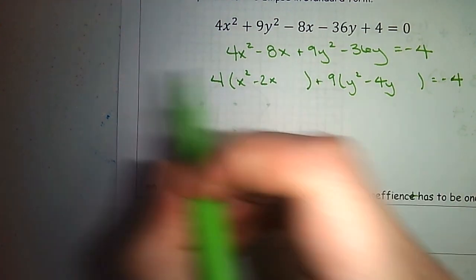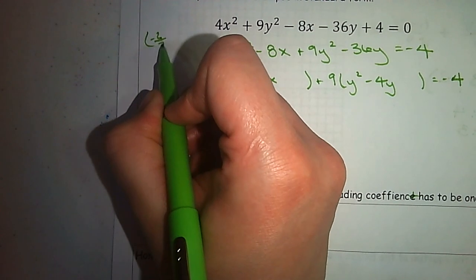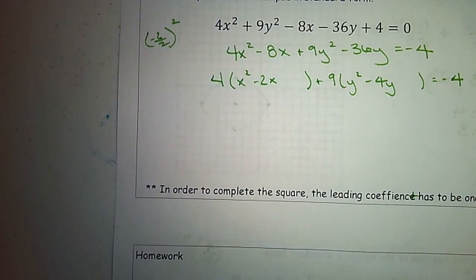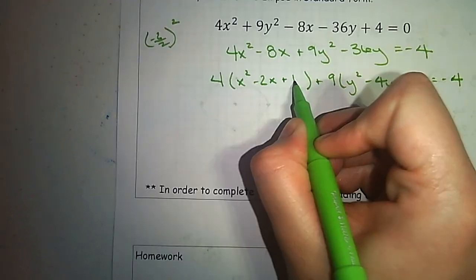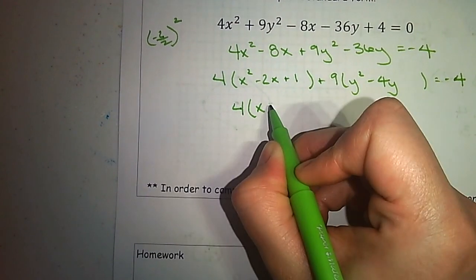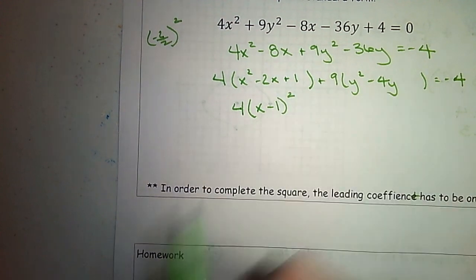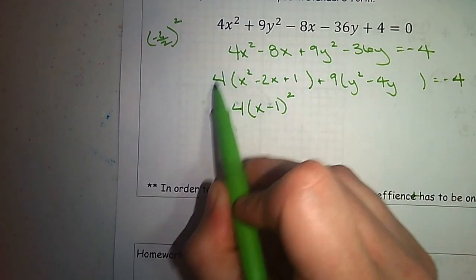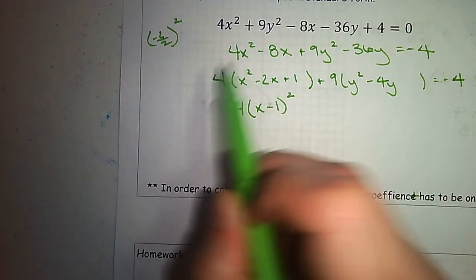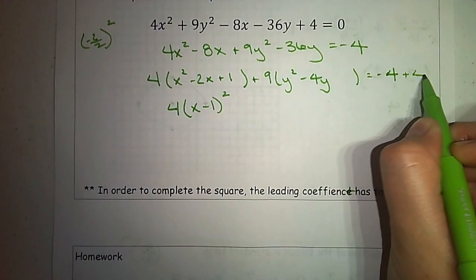So middle term divided by 2 and squared. Negative 1 squared is going to give me a positive 1. And technically, remember, I added a positive 4 to this side, so I need to add a positive 4 to that side.